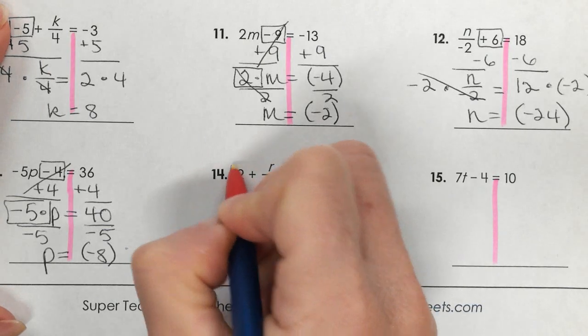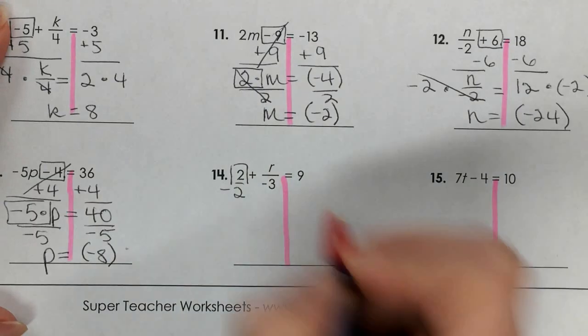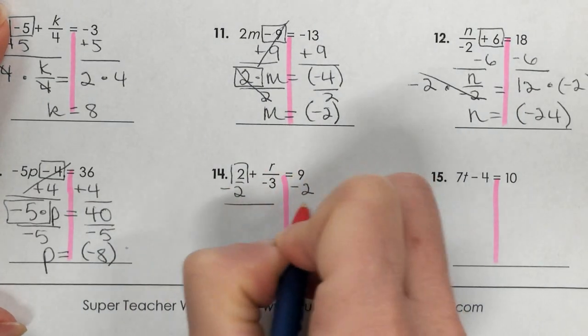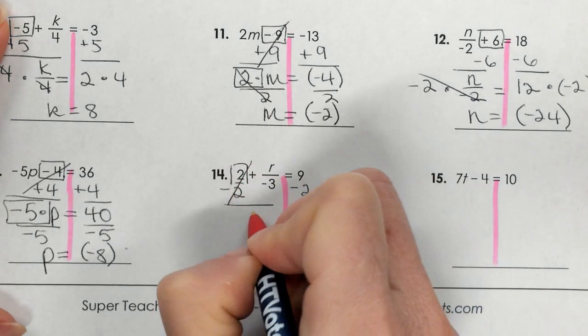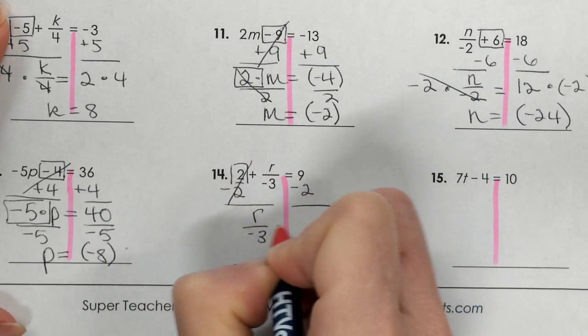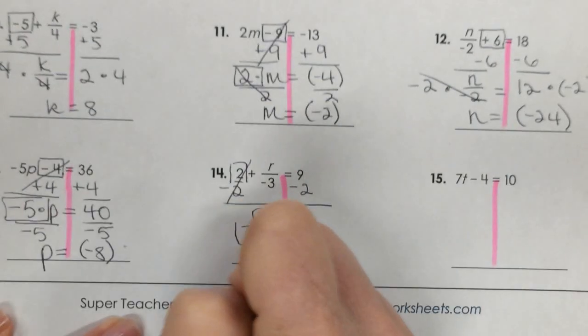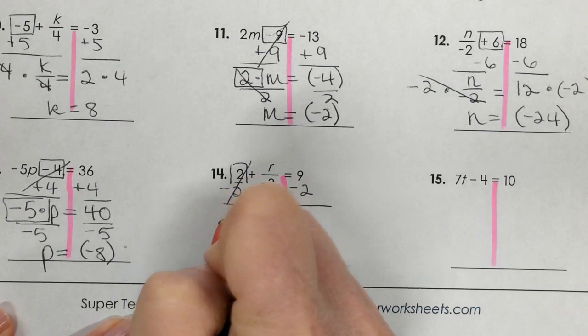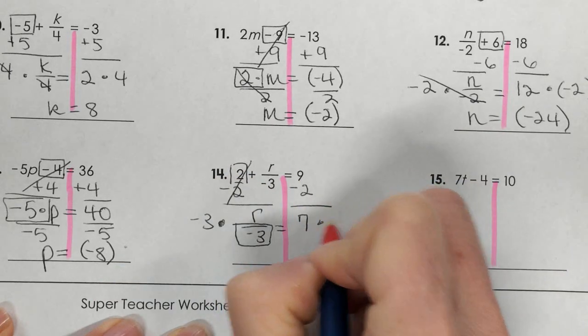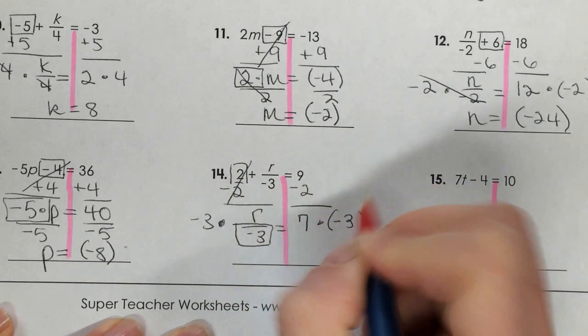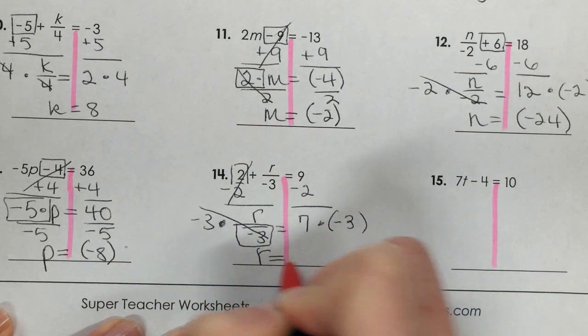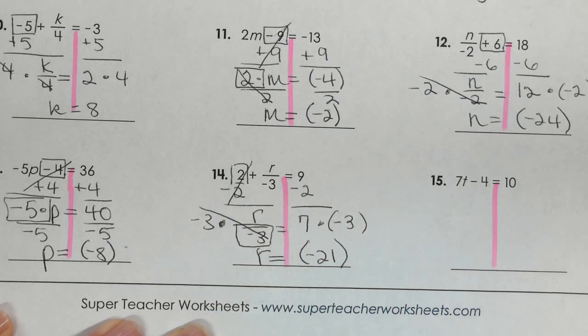For number 14, we want to get rid of the 2 first, so we'll subtract 2 from both sides. That leaves r over negative 3 is equal to 7. To get rid of this divide by negative 3, we'll multiply by negative 3 on both sides. And r is equal to negative 21.